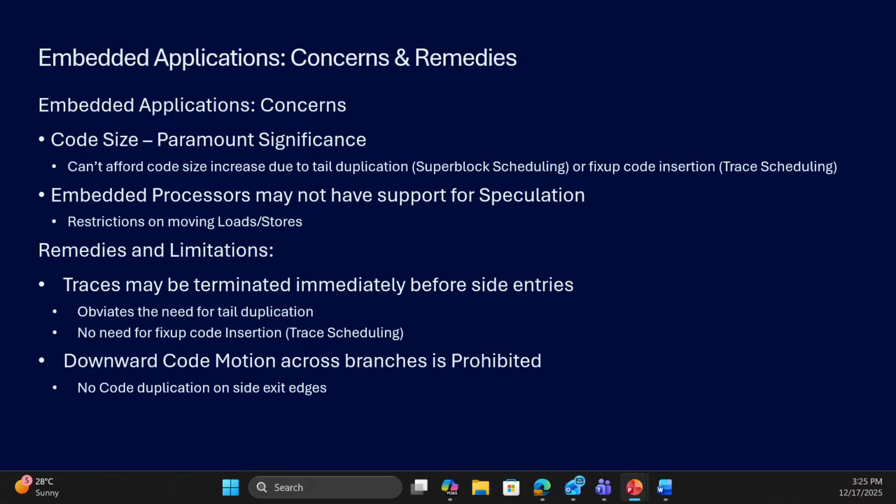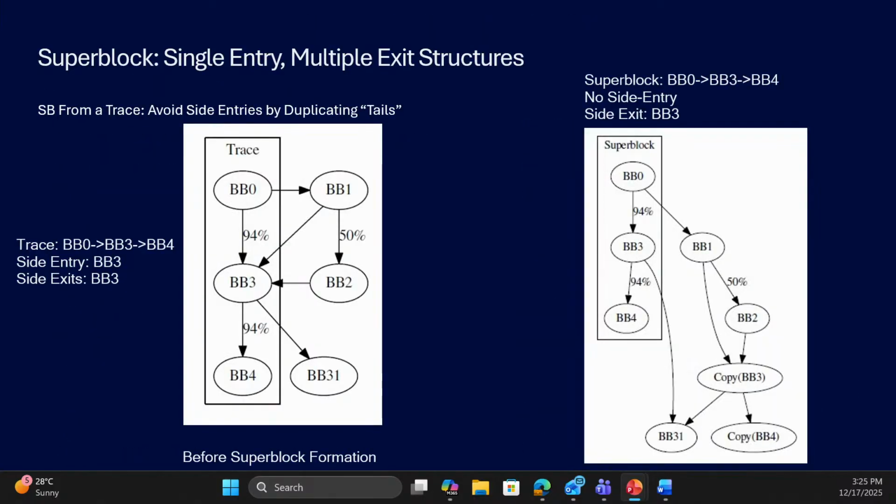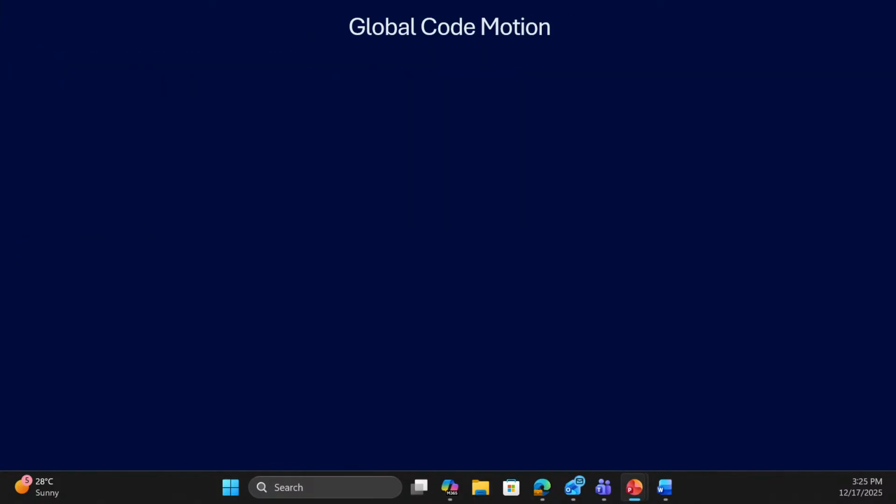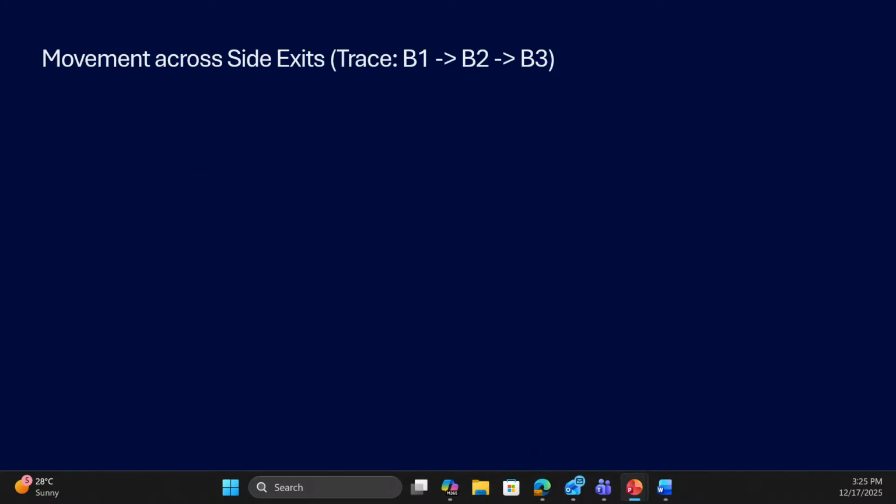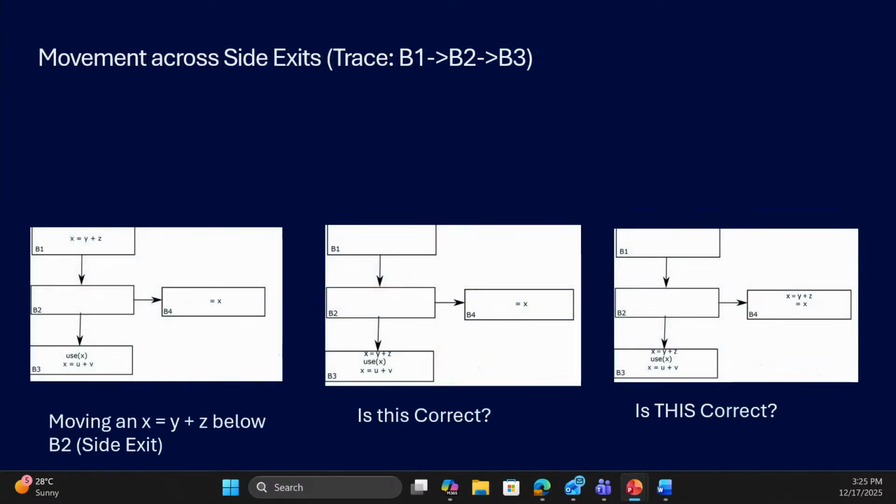The second thing is downward code motion across side exits is prohibited. If we prevent movement of x equals y plus z below this b2 b4, then we don't have to duplicate.